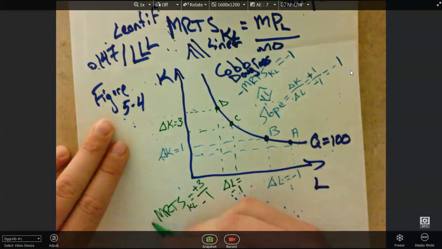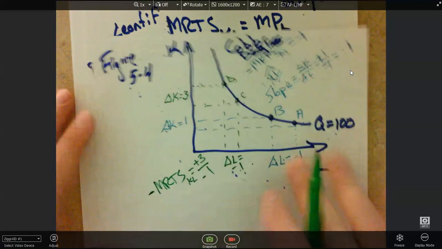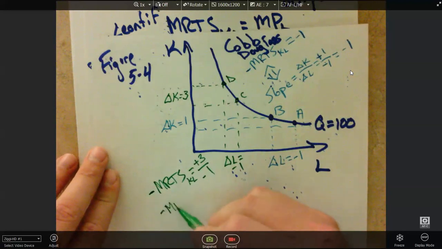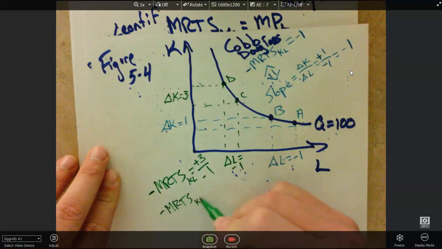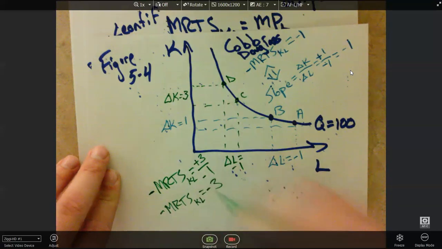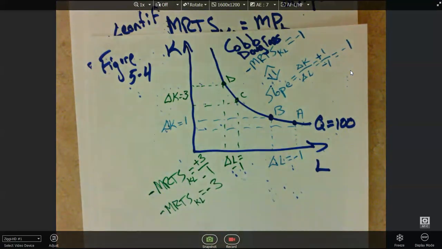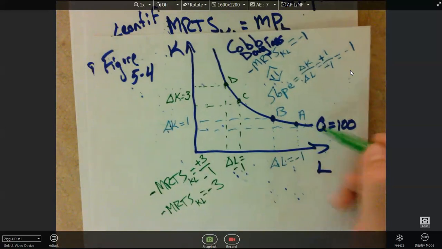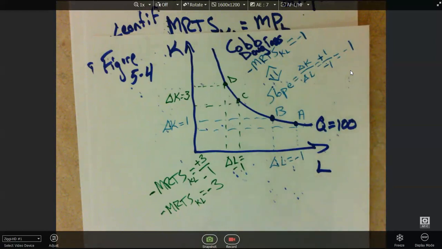So we end up with a marginal rate of technical substitution that's actually much higher than it was before. And this would happen too if we went closer to labor. So as you get closer to the axes, it costs more and more in terms of what you're trading off: 1 laborer, but you need to hire 3 more capital.